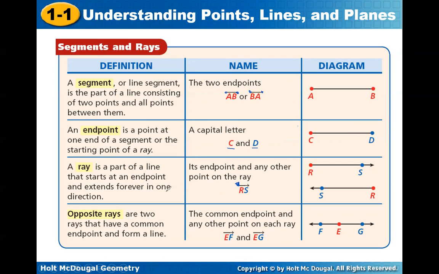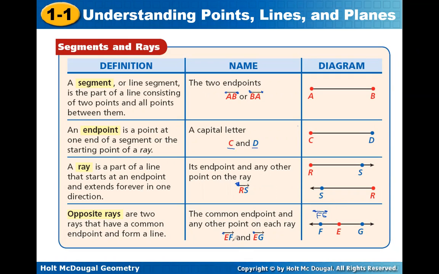Opposite rays are 2 rays, and this isn't necessarily one of our vocab words, but it is nice to know. We have something like EF and EG. We call these opposite rays because they have a common endpoint and they actually form a line, right? So I could say that this is FG, the line, right?